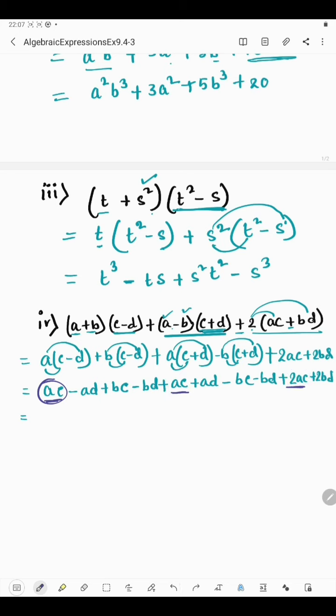So we will add these three. So the coefficient of AC is 1. Here the coefficient of AC is 1, and here the coefficient of AC is 2. So 2 plus 1 is 3, 3 plus 1 is 4, right? So we'll write 4AC.